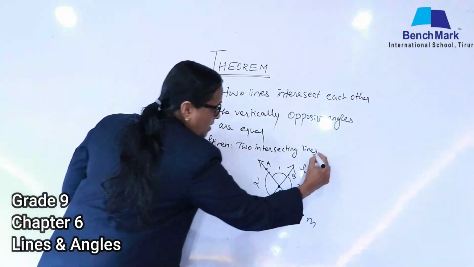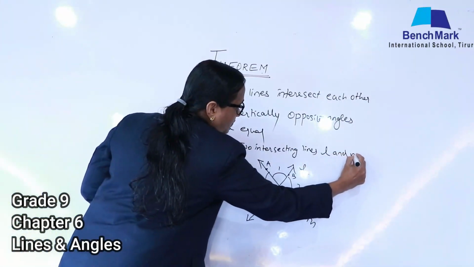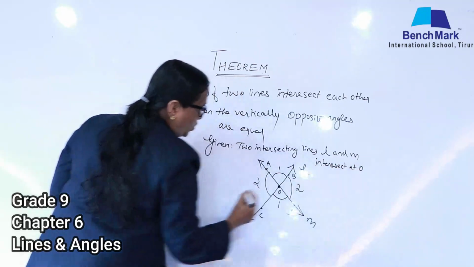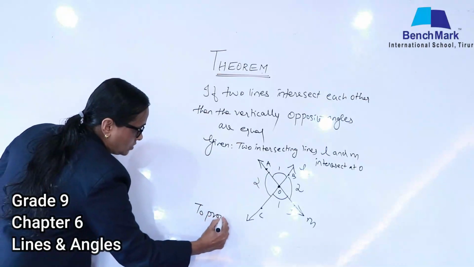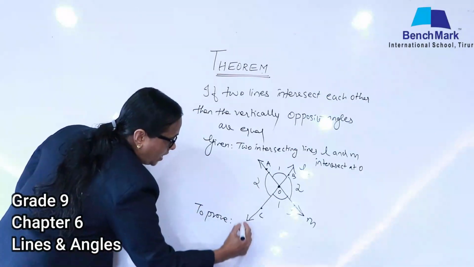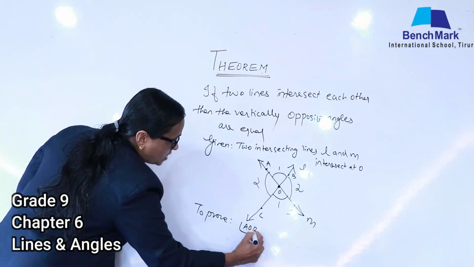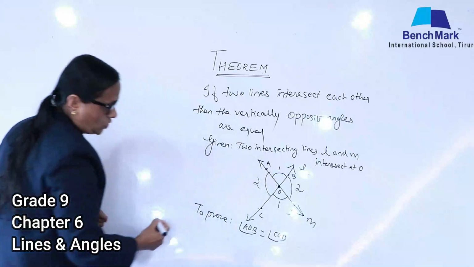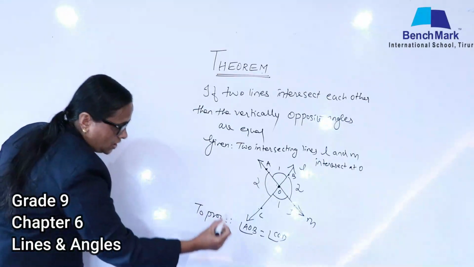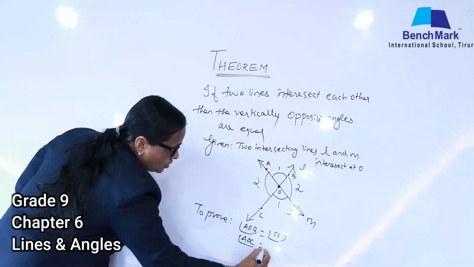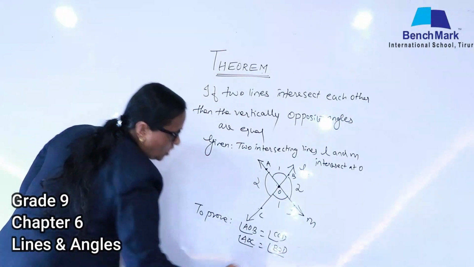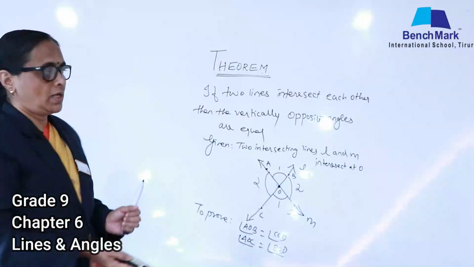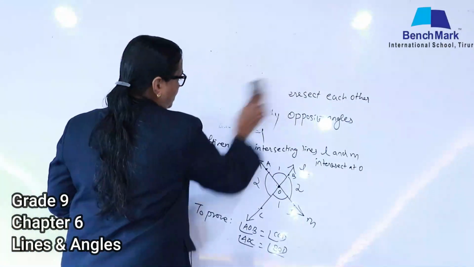Two intersecting lines L and M intersect at O. To prove: angle AOB is equal to angle COD, and also angle AOC is equal to angle BOD. I have to prove the vertically opposite angles are equal if two lines intersect.